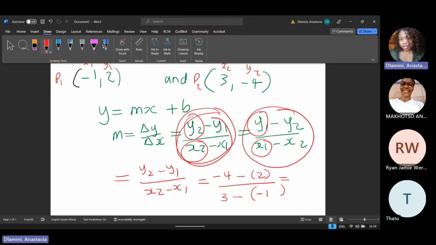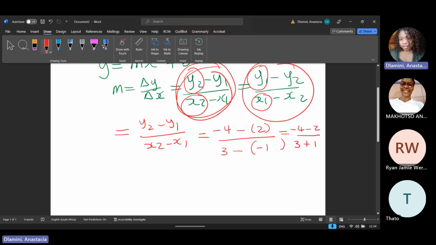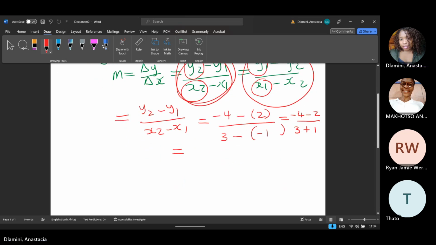So then this will give us -4 minus +2 over 3 plus, because negative times negative gives us positive. So then plus 1. So this is equal to -6 over 4, which is equal to -3 over 2.